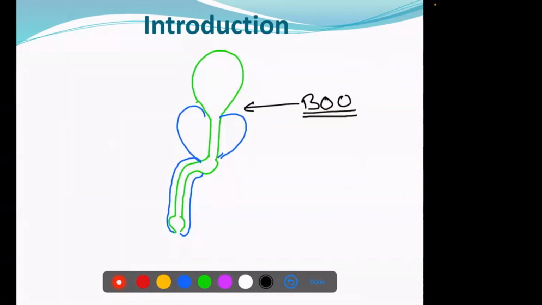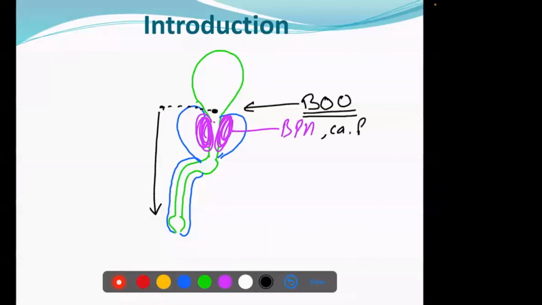Any cause of obstruction from the neck of the bladder to the distal part is known as bladder outlet obstruction, and the common cause is BPH, enlarged prostate. Cancer prostate can cause it, but not as commonly as BPH. Cancer can invade the urethra.